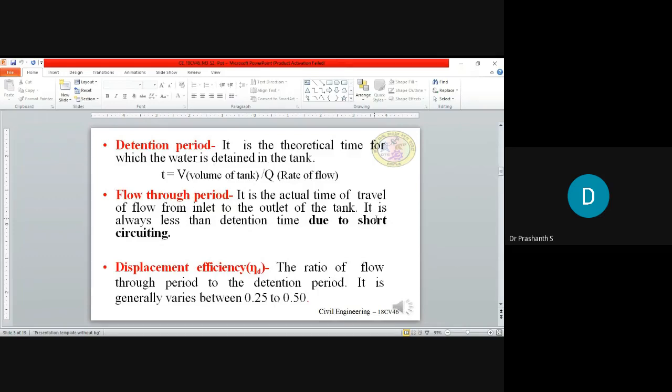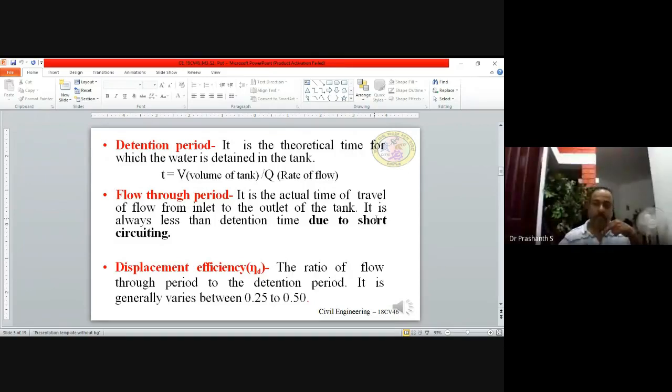What is flow through period? It is the actual time of travel of flow of water from the inlet of the tank to the outlet of the tank. It is always less than the detention time due to short circuiting. You see here, flow through period is the time the water enters at the inlet and goes to the outlet.